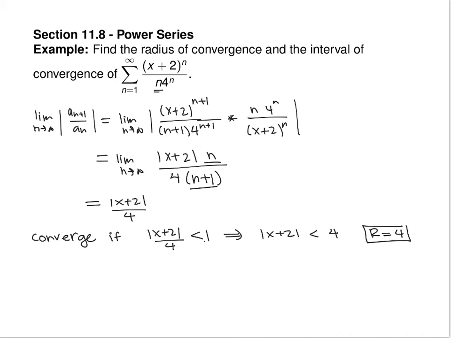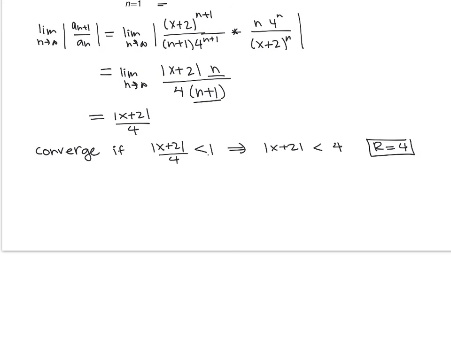Now to find the interval of convergence, we observe that the absolute value of x+2 being less than 4 means that x+2 is between negative 4 and 4. And take away 2 and we have negative 6 is less than x, which is less than 2. So we need to test at x equals negative 6 and at x equals 2.